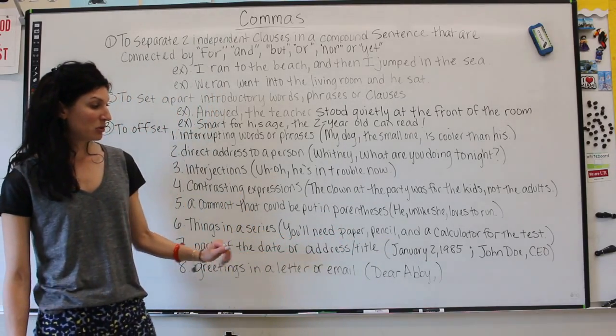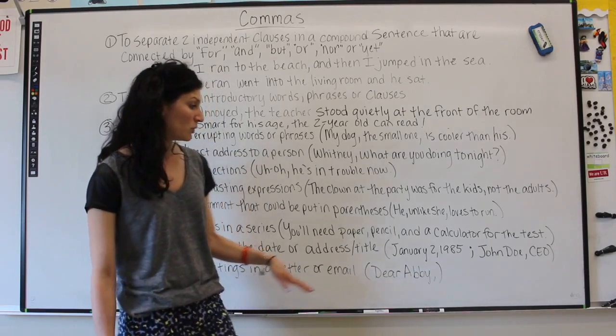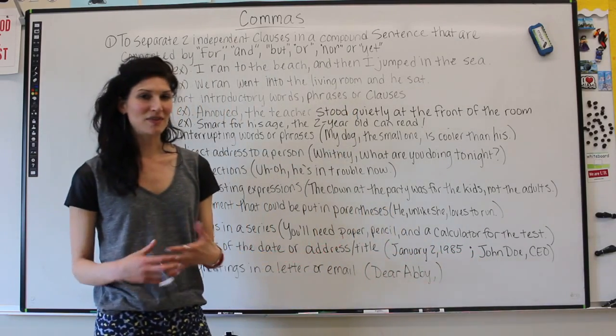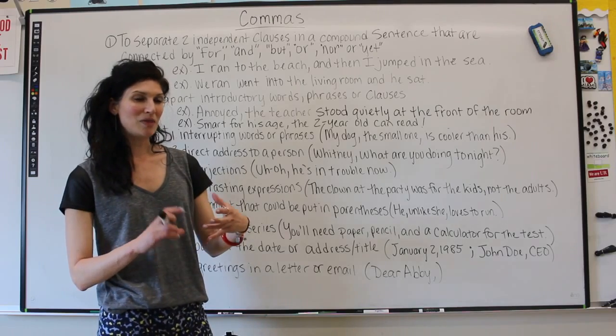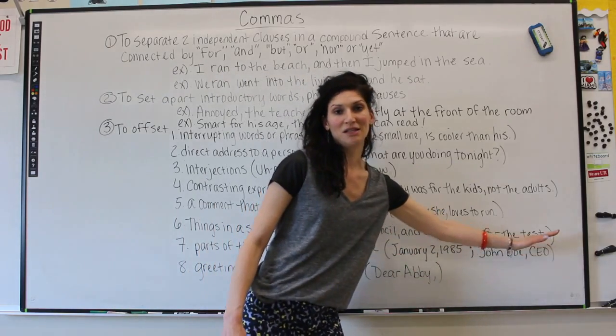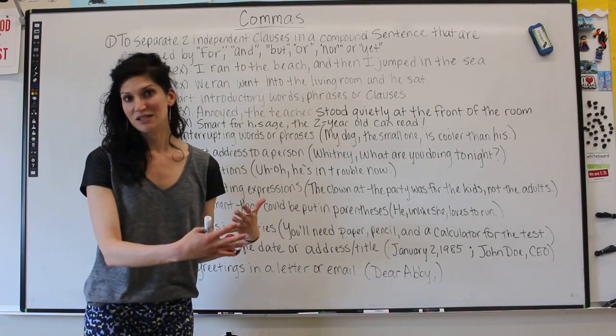So for example, we have January 2nd, 1985, or another example would be a title. Maybe you would put this at the end of a formal letter, at the bottom where your signature is. You might have John Doe, comma, CEO, or for me it would be Adrienne Supino, comma, ELL teacher.